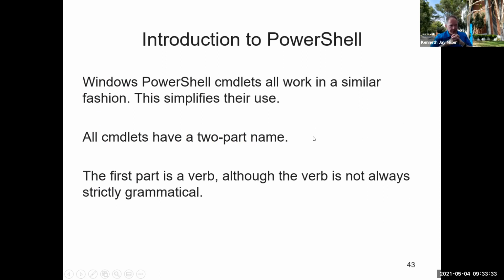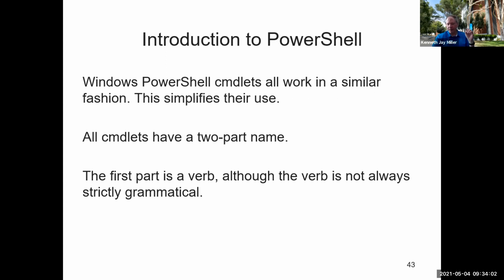Now, Windows PowerShell cmdlets all work in a similar fashion. Just like the guy in the second video said, once you work your way through a couple of the examples and get an idea of how it's set up, the remaining part all kind of falls into place. So all cmdlets have two parts.